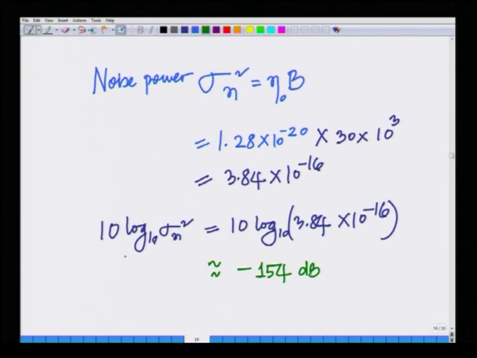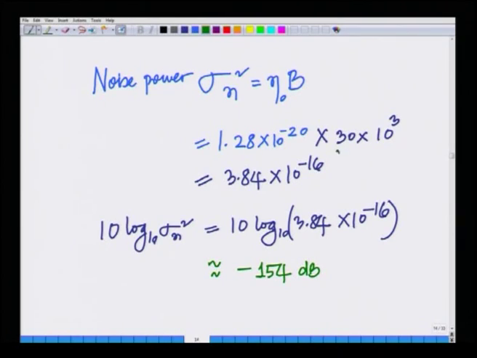Hence, the noise power in this scenario is eta naught B, where eta naught is 1.28 into 10 power minus 20, and bandwidth B is 30 kilohertz, that is 30 into 10 power 3. The net noise power is 3.84 into 10 power minus 16. Convert this into dB value, that is minus 154 dB.